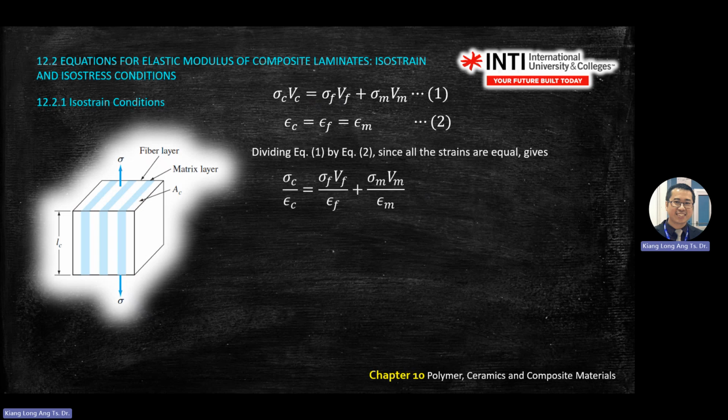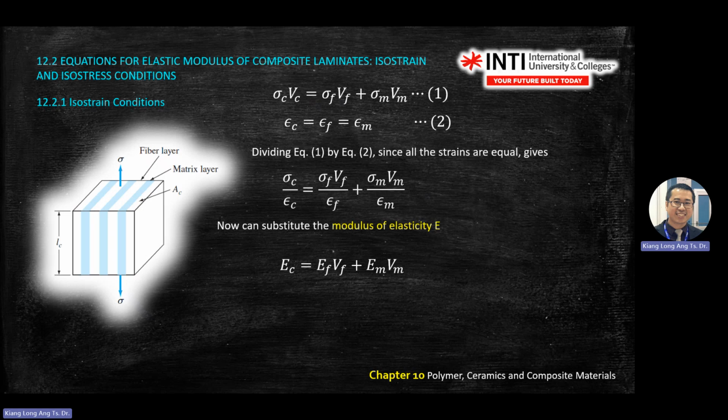Okay, 1 by 2. So you get stress divided by strain. This one, stress and volume divided by strain. This one, stress and volume divided by strain. You arrive at this equation. Stress divided by strain gives the modulus of elasticity. So this one you get modulus of elasticity, and this one you get modulus of elasticity. Because you're able to find EF and EM in the material encyclopedia or material properties table.